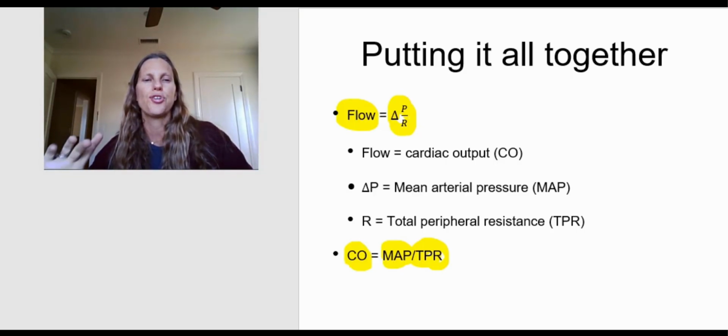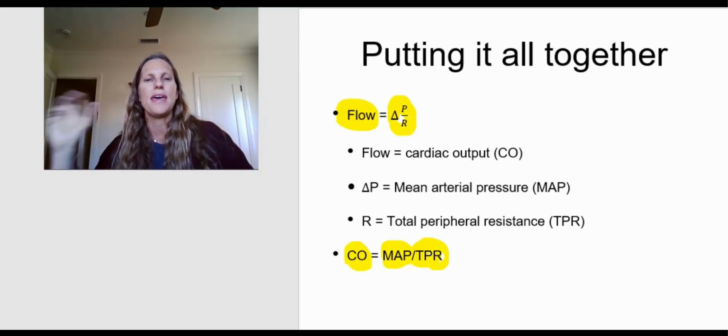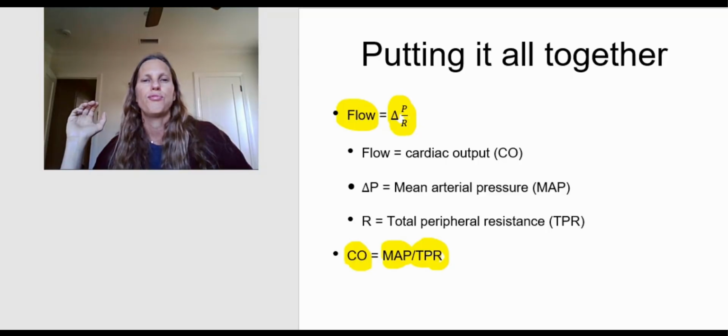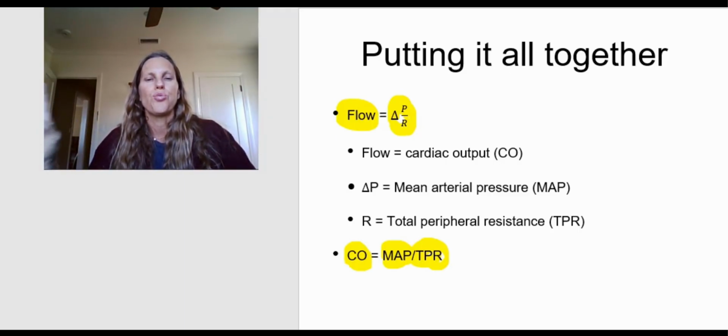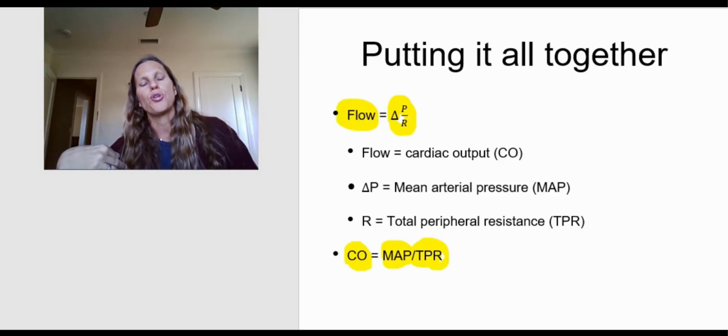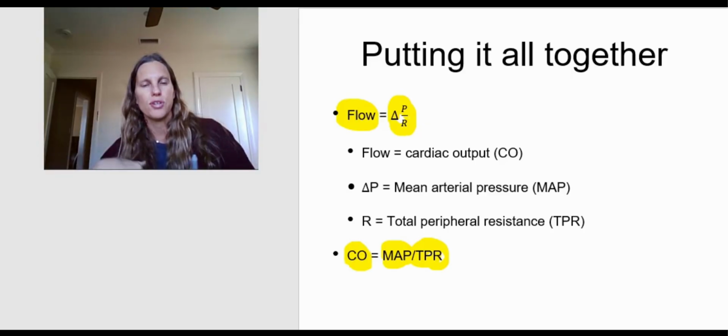Right? So pressure gradients and resistance are really important because they affect cardiac output in a major way. We know that cardiac output and mean arterial pressure would be directly related. Cardiac output and an increase in total peripheral resistance would be inversely related.